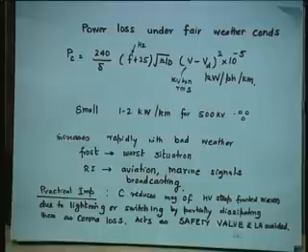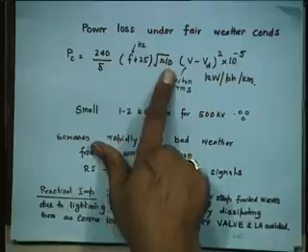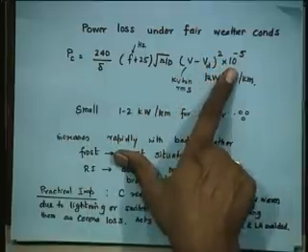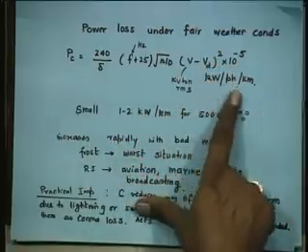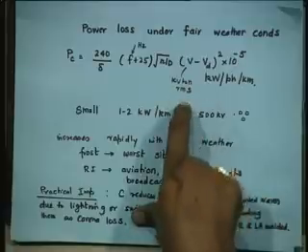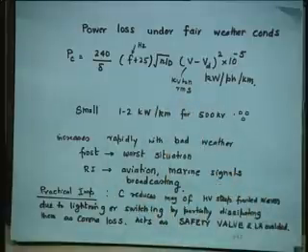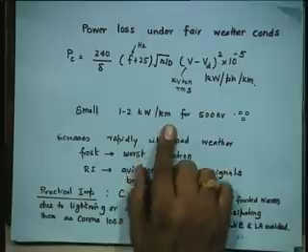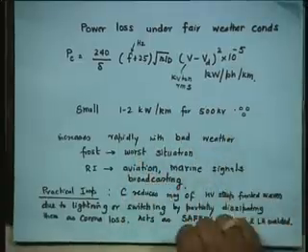This is an empirical formula, there is no derivation, given by a gentleman called Peek: 240 by delta, (f plus 25), square root of r by D, (V minus Vd) whole square, times 10 to the minus 5 kilowatt per phase per kilometer. This is kV to neutral RMS. Luckily, the power loss is very small, hardly 1 to 2 kilowatt per kilometer for 500 kV.